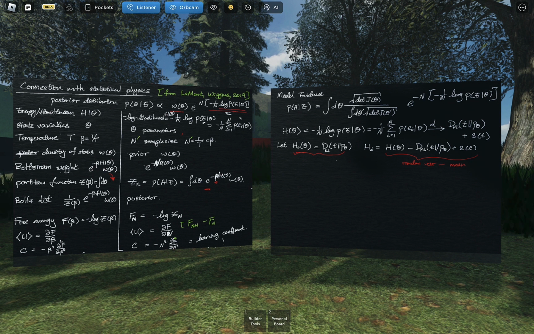Okay, I have a question in here. Balasubramanian calls the first term the H0 term. So we have H of theta equal to H0 of theta plus HD of theta.